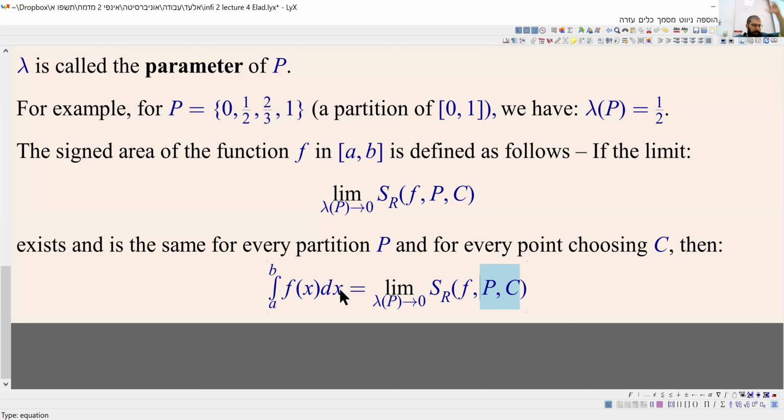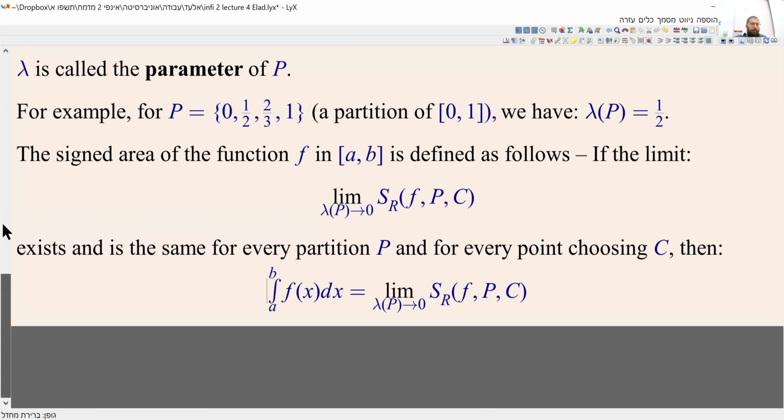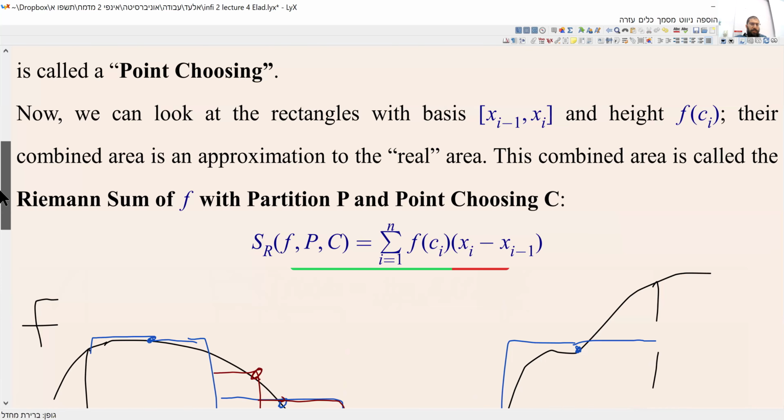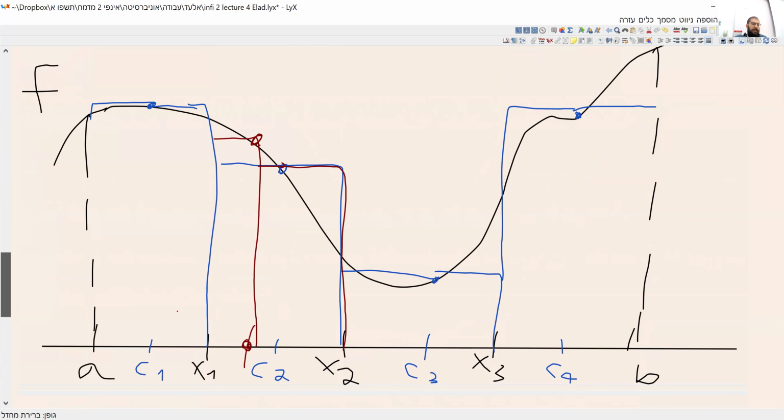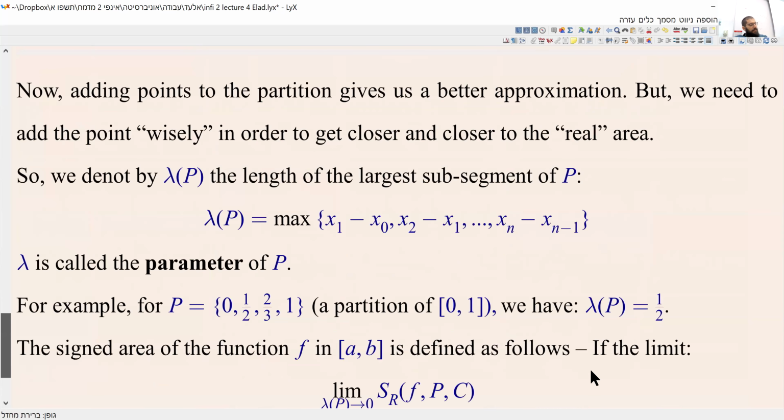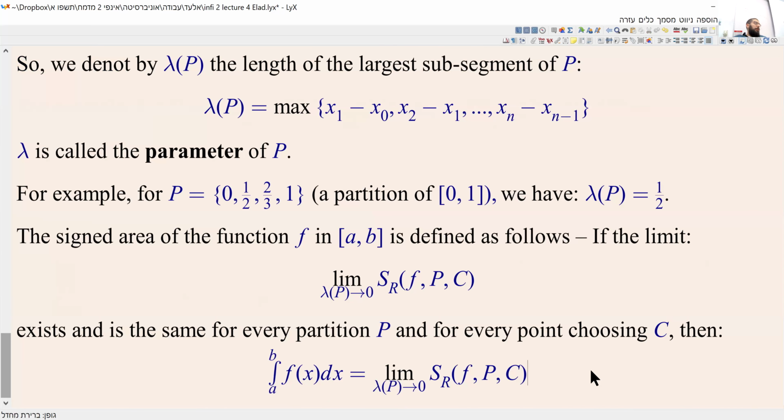Yet again, we've already spoiled the spoiler. We all know from high school, using the big F, the antiderivative, calculating the area. But as I said, we have this lecture and next lecture, and only in lecture 6 can we see the exact formulation of this theorem, connecting the definite integral and the derivative.